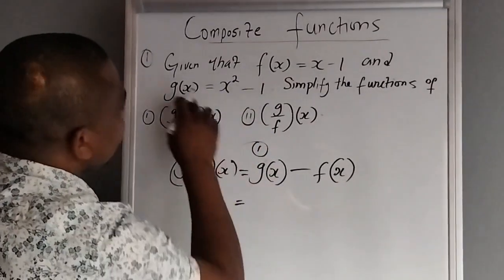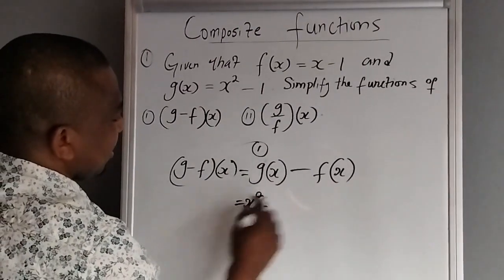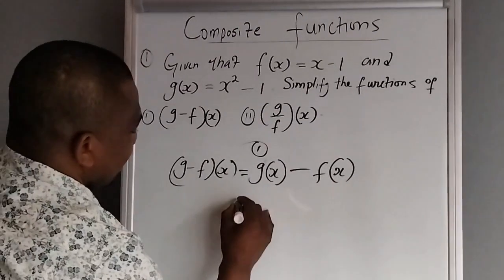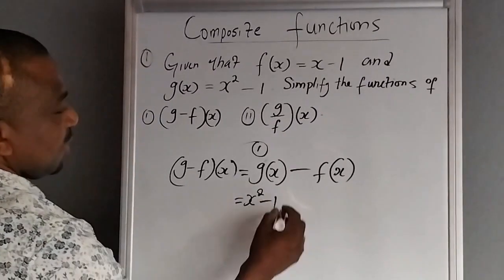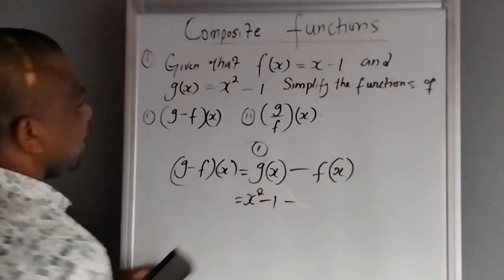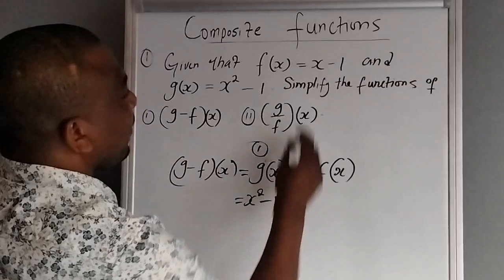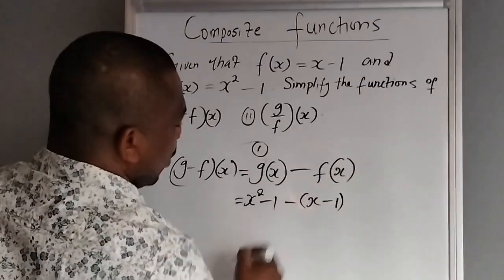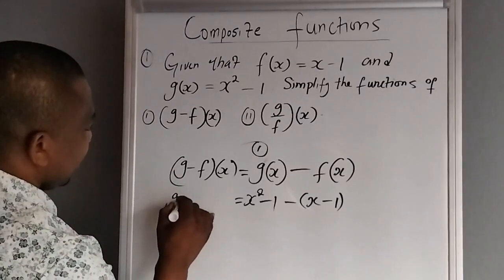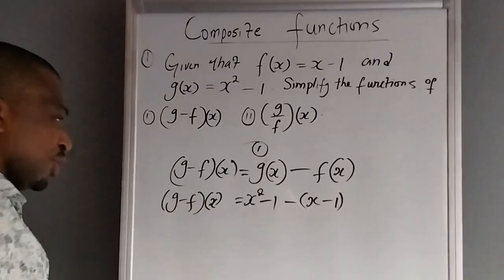So g of x is x raised to power 2 minus 1. And we have a negative sign here. And f of x is x minus 1. We have g of x as our function.